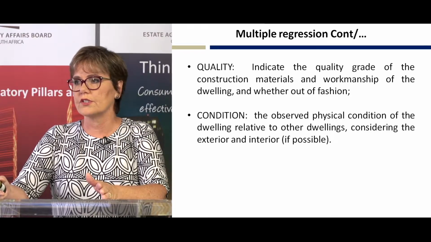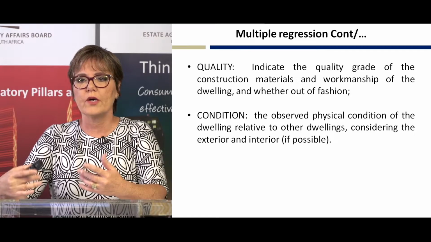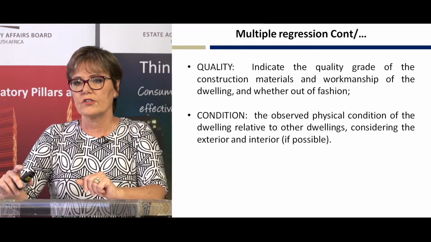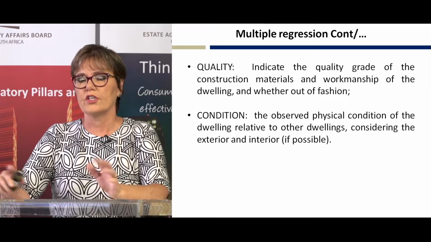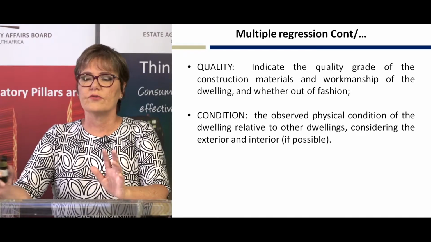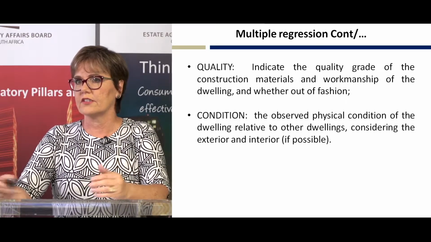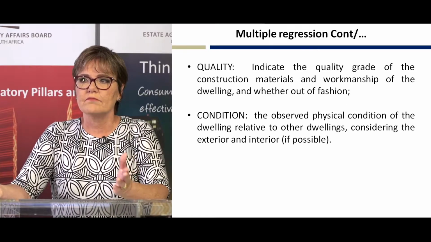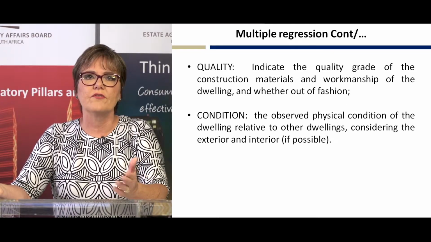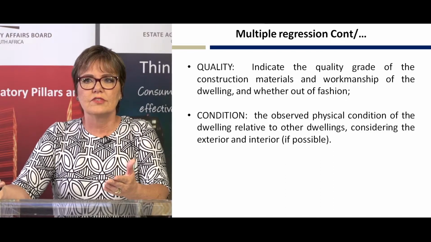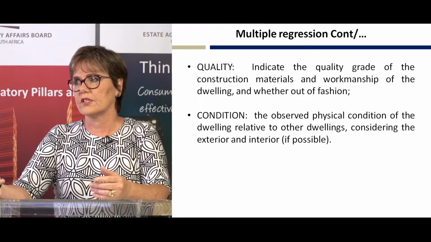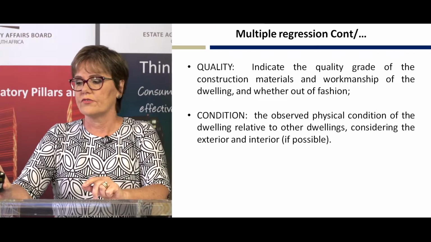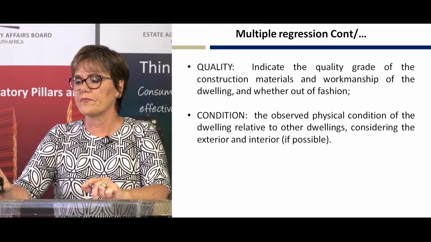The equation then showed us that the value of the property should be roundabout 4.2 million rand, which at least gives the valuer some evidence with regards to his ultimate estimate of market value.